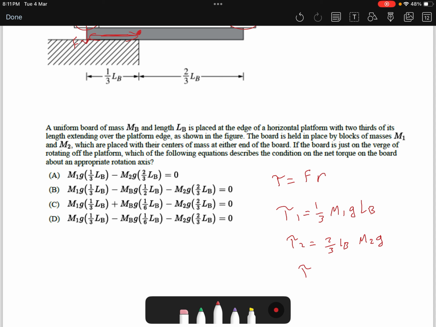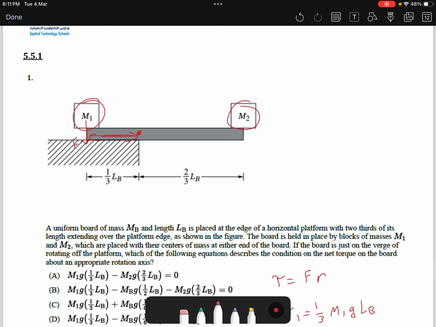Last one, the torque of the board. Now, we know that this is the center of mass of the board, not of the system, of the board only. Now, this distance is R, the distance between center of mass and rotational axis.